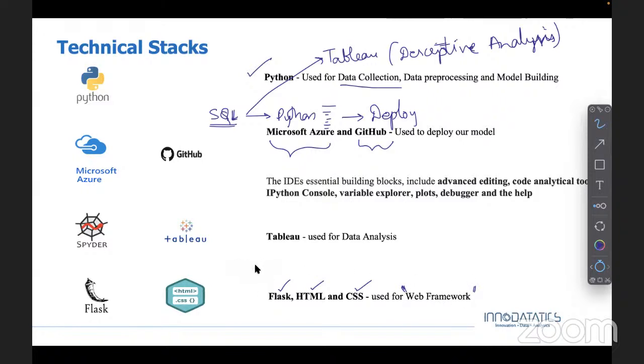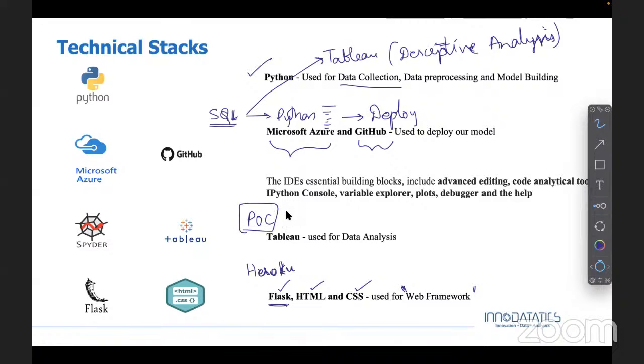However, Heroku also was used. Usually what people do, my dear friends, is for proof of concept, even before you start embarking on the journey of coming up with the full-blown model, you do a proof of concept first. When you do proof of concept, usually Python Flask is used.